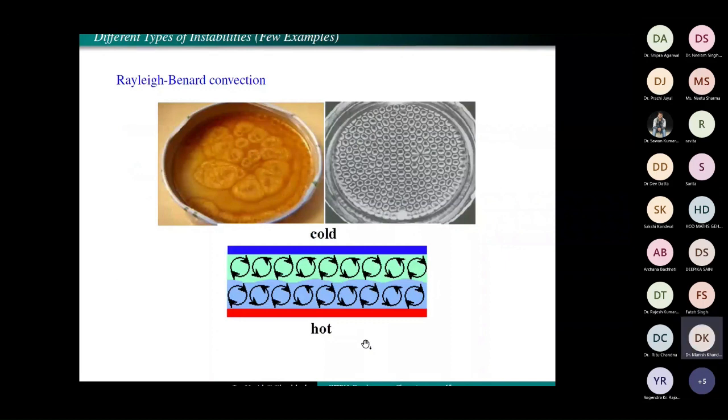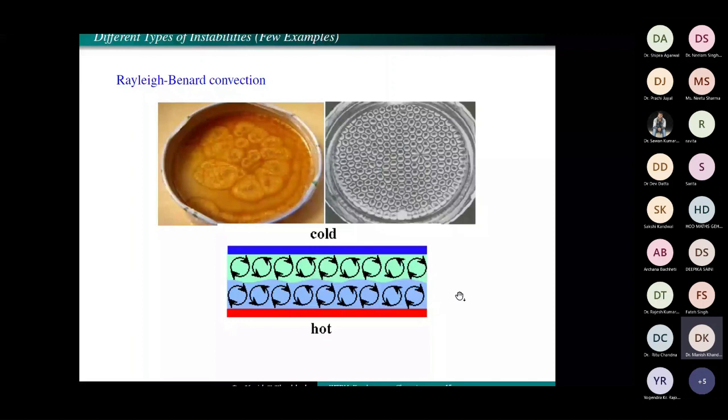So now I'm going to discuss a few very simple practical examples of instability mechanisms in day-to-day life. The first one is Rayleigh-Bénard convection. We see Rayleigh-Bénard convection every day in our house. When you boil water, we see small rolls at the bottom of the bowl.